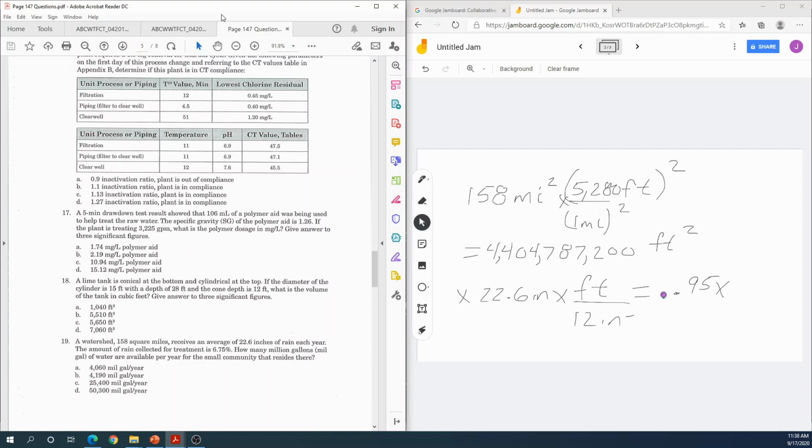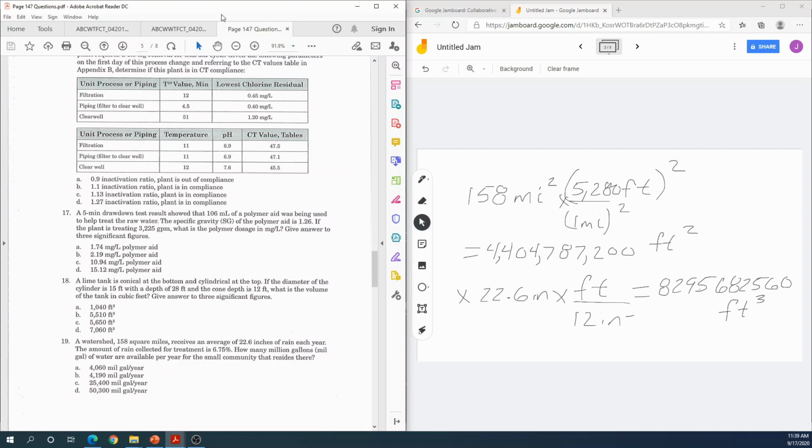Let's try this one more time. So we take that answer, we multiply it by 22.6, and then we divide it by 12 to get us into cubic feet. And that's going to give us 8295682560 cubic feet. So that's how much water is over the entire watershed every year.